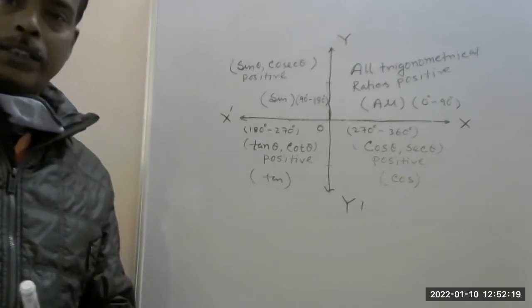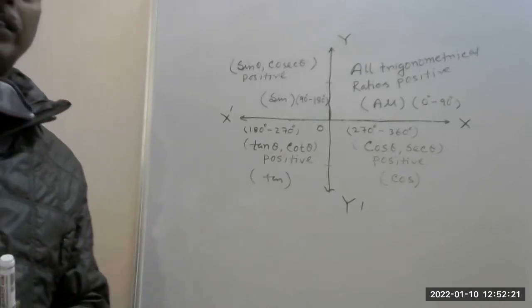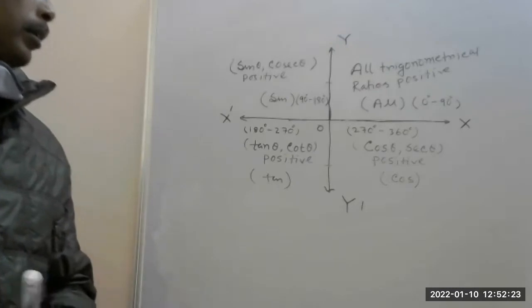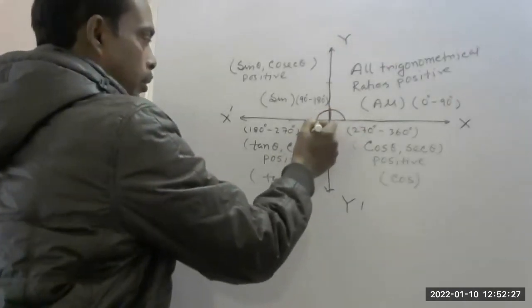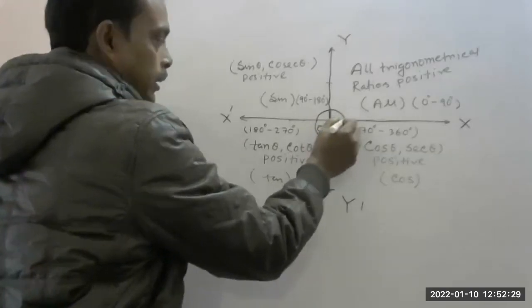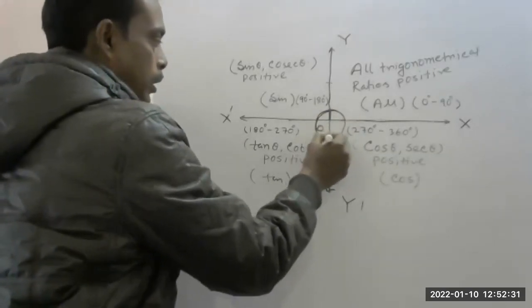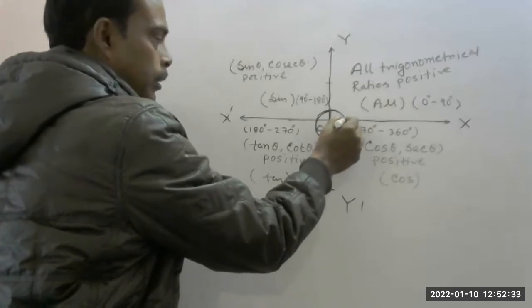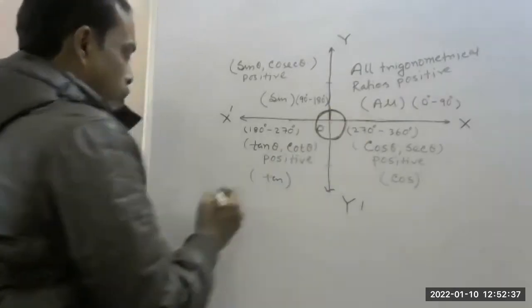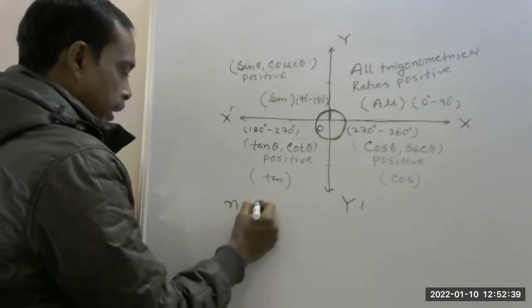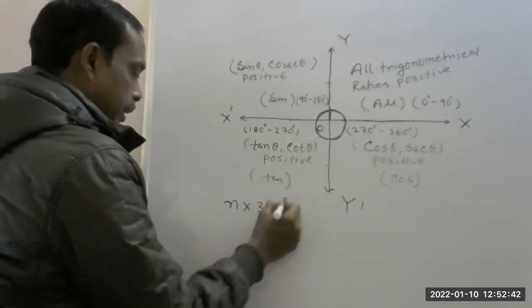But in our trigonometry, we can measure more than 360 degree angle. Like that, if one ray rotates one circular 360, again another circular, then 360 plus 360, 720, then again 360. So we can measure n into 360 degree angle.